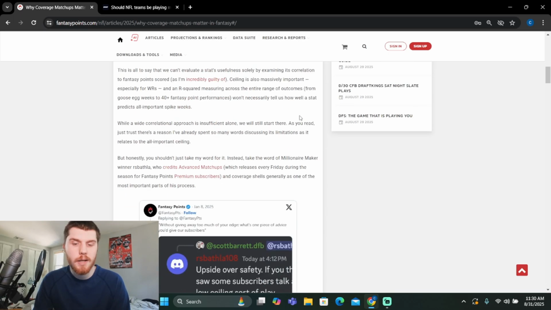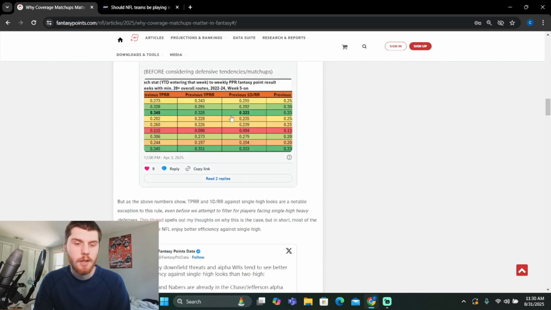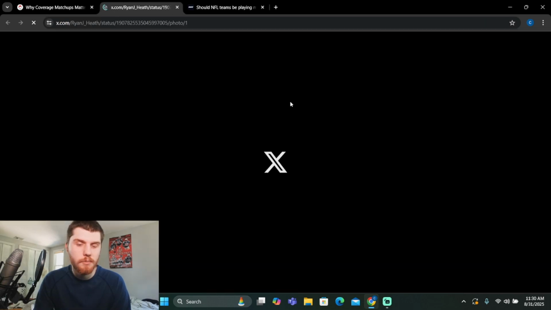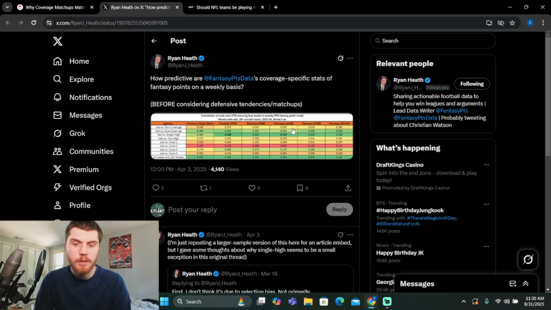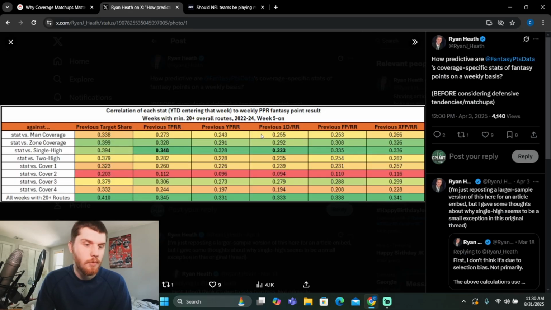He really just looks at different coverages, and we could pull up this tweet here actually. So he looked at the correlation between fantasy points and the specific metric versus whatever the coverage split is. From what I understand, he's looking at, okay, at a minimum, they've had to have played at least 5 games so far, or we're week 5 and onward.